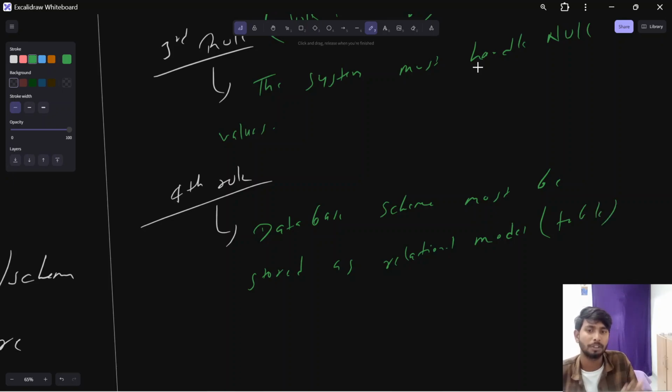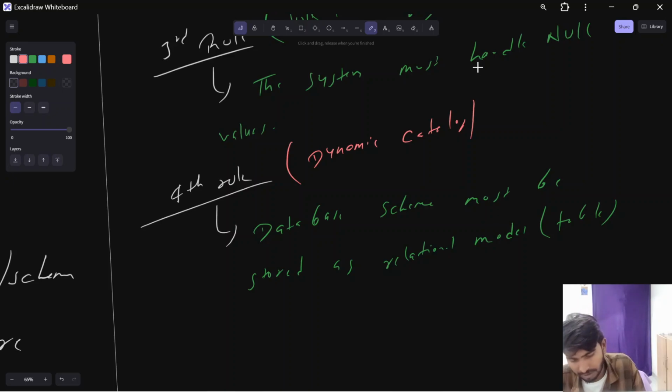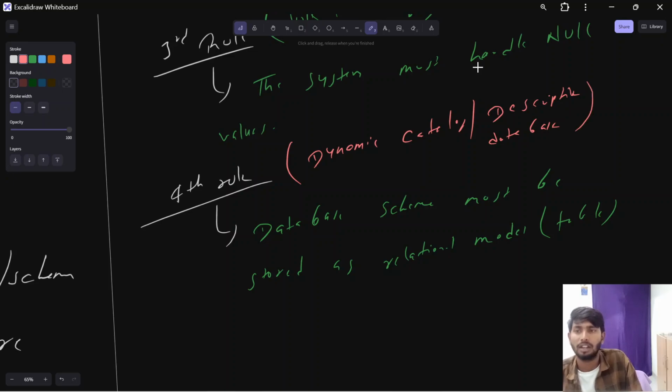Okay, database schema must be stored in relational model. We know it as dynamic catalog, or we can say descriptive database. Okay. Now we have the fifth rule.